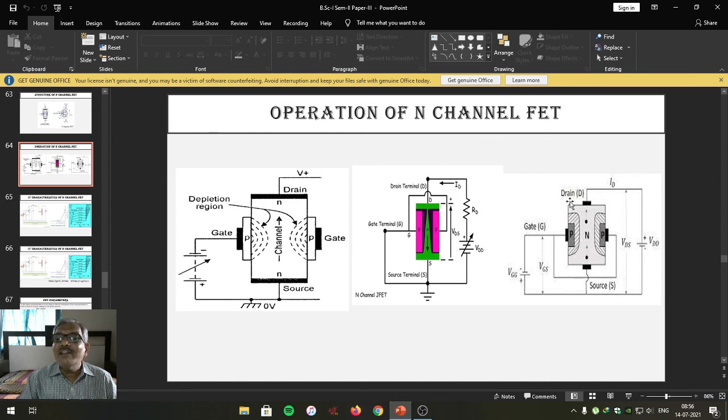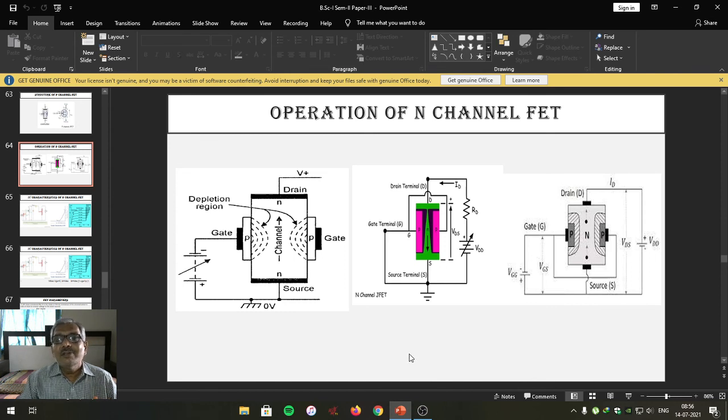Consider the same FET here. This channel should be of P type. These regions are of N type. Polarity of VGG should be reversed. Polarity of VDD should be reversed. And you have to explain only with the difference that current is conducted by means of holes but not by means of electrons in case of P channel FET.